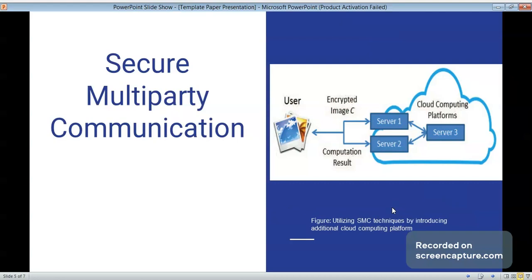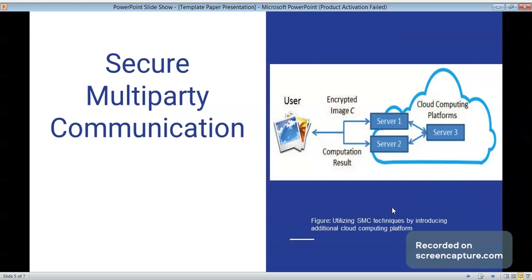As I mentioned, secure multi-party computation divides our existing image and transfers it to different servers, that is server 1 and server 2. Suppose server 1 contains 60% of the data and server 2 contains 40% of the data.